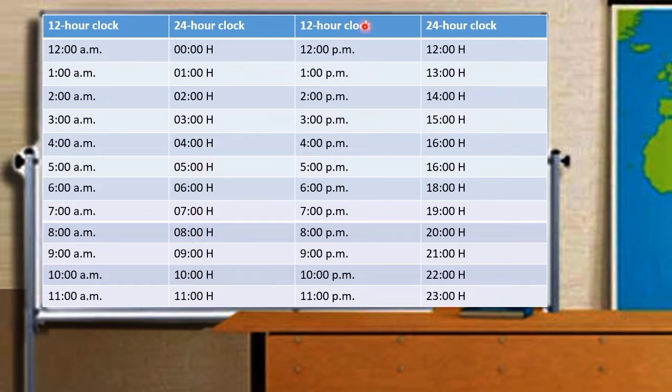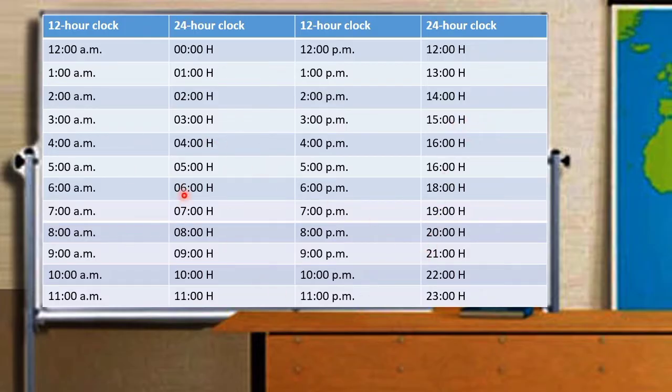And when it comes here, we have 12 PM. The equivalent in 24-hour clock is 1200 hours. 1 PM is 1300 hours, 2 PM is 1400 hours, 3 PM is 1500 hours, and so on.